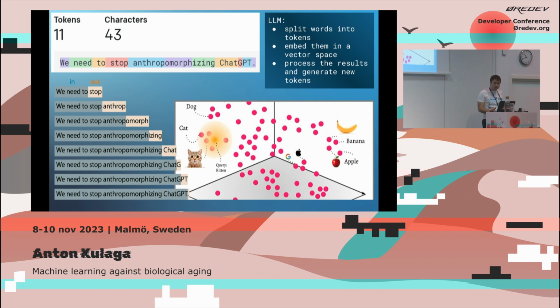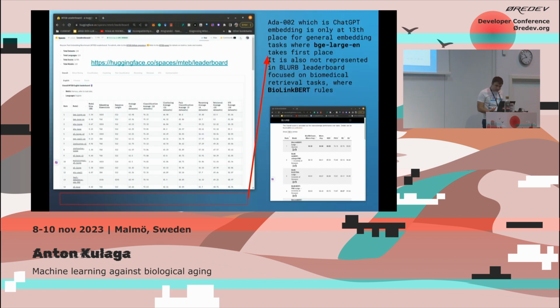For this, people use vector databases. We also use them. We use different embeddings, and surprisingly the ChatGPT one was not the best. There are open source ones that are better specifically for semantic search, and you can find them on Hugging Face.